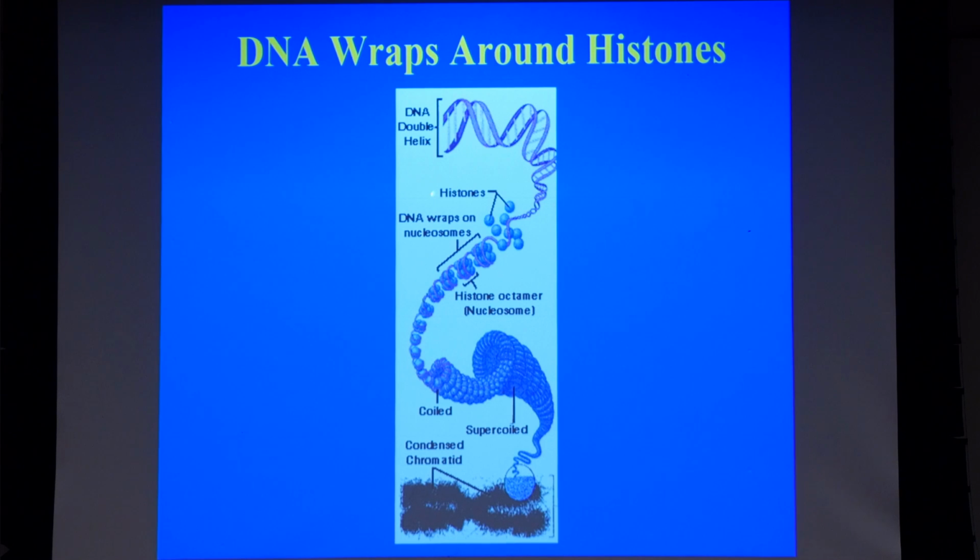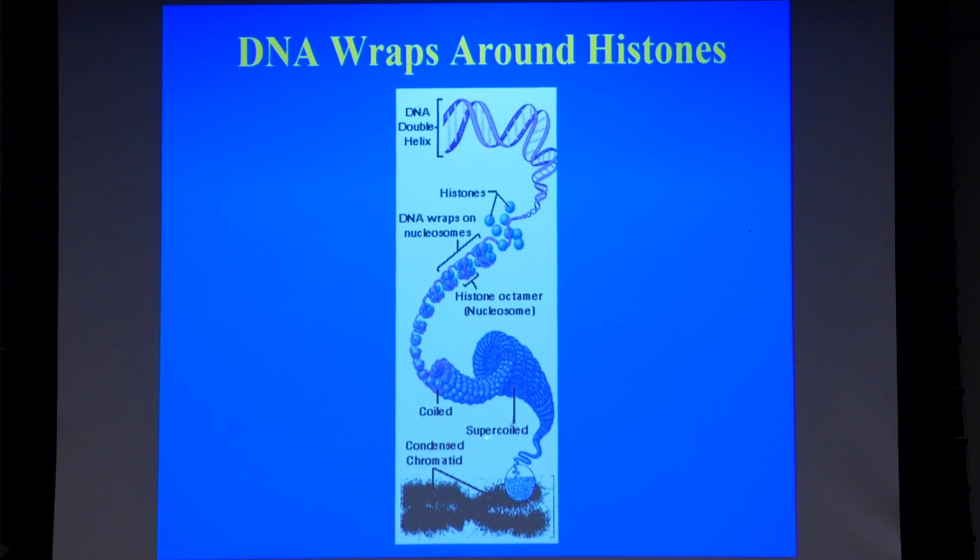That's showing the DNA molecule. This is showing the self-assembly of these histone molecules into an octamer. And once the set of 8 has self-assembled, then we can wrap the DNA strand around that octamer. And then we can further wrap these and coil them until we condense this chromosome.